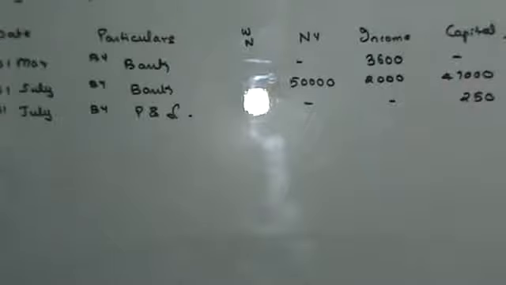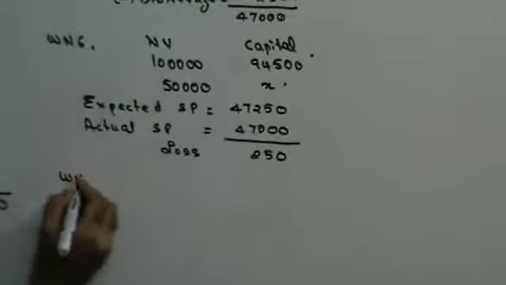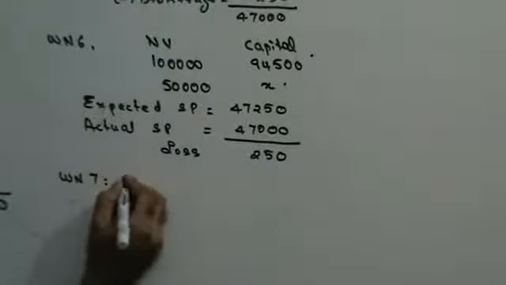Let's move on ahead. On 1st December. Now before 1st December, you are going to have 30th September, the date on which interest payment is due. So let's do this. Working note 7.